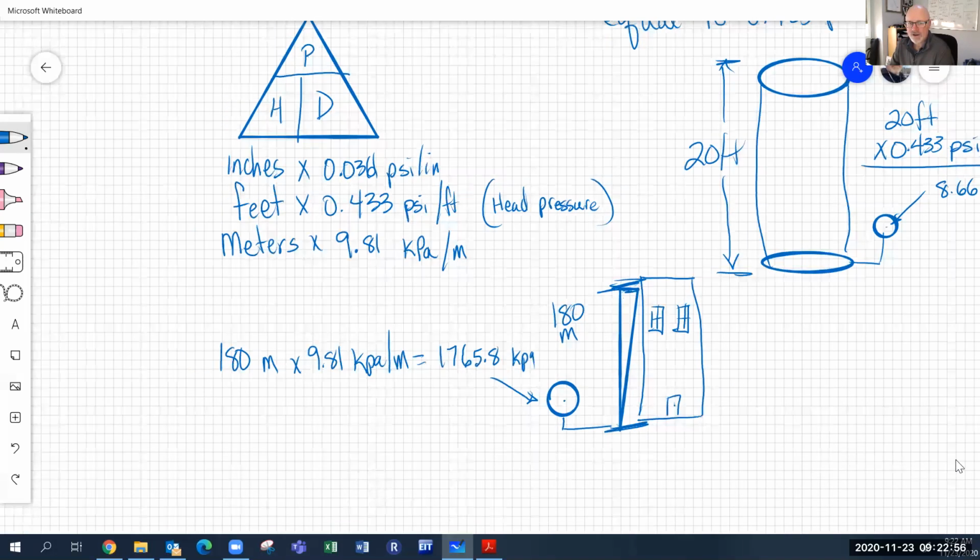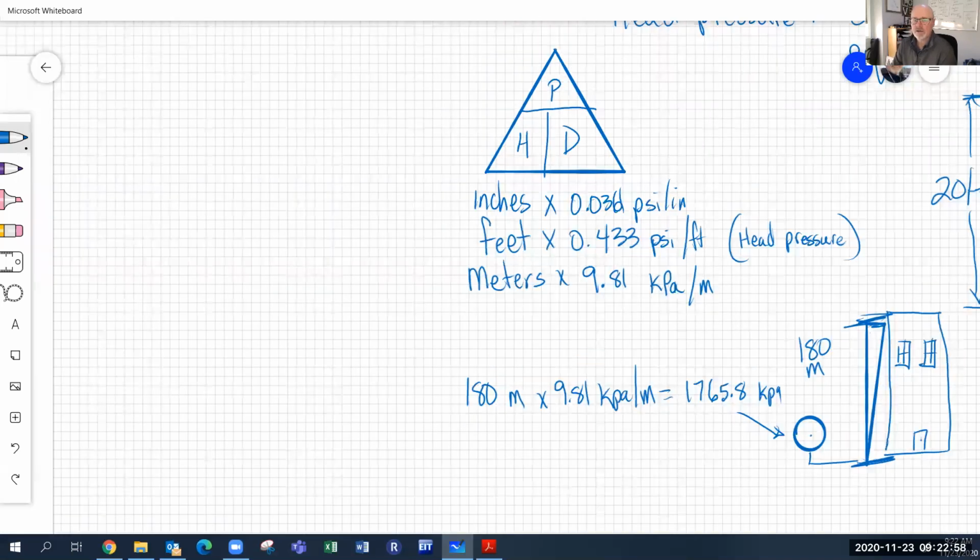Now there's another number, and we know standard atmospheric pressure is also measured in inches of mercury. So if I had inches of mercury, I know that mercury is 13.6 times heavier than water.